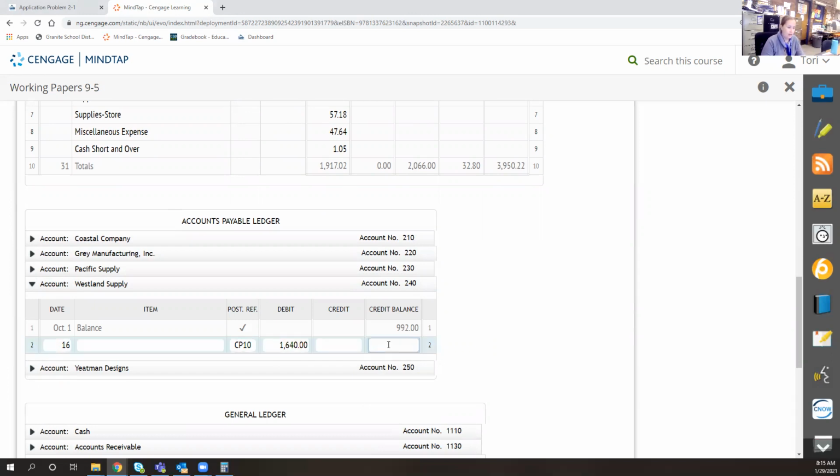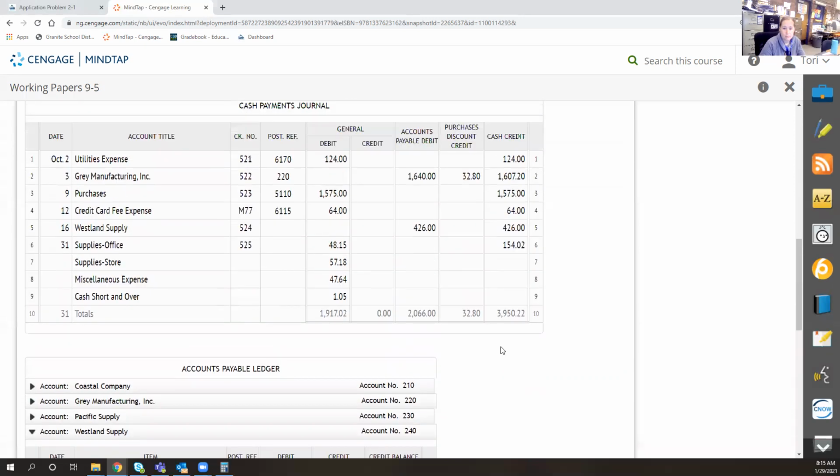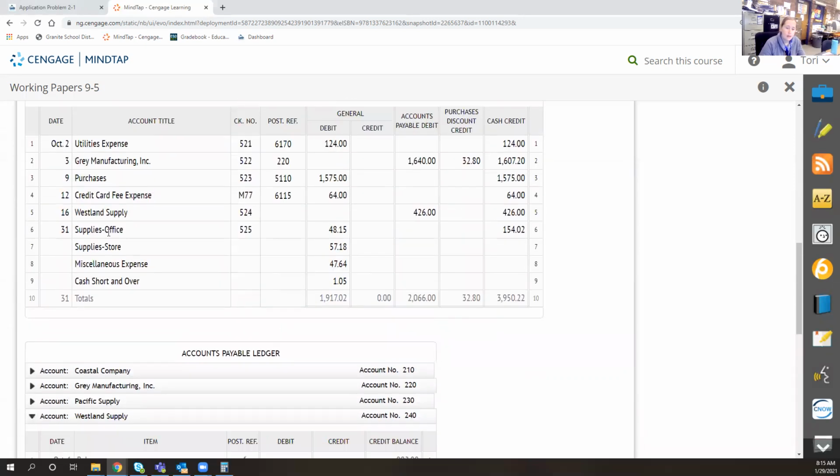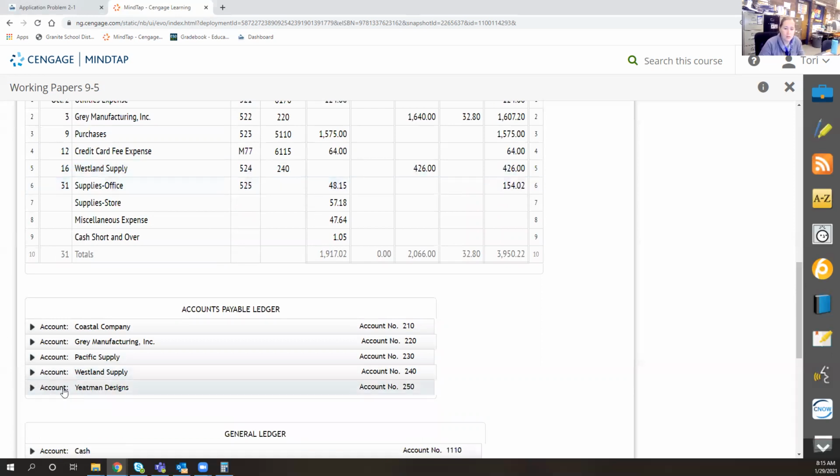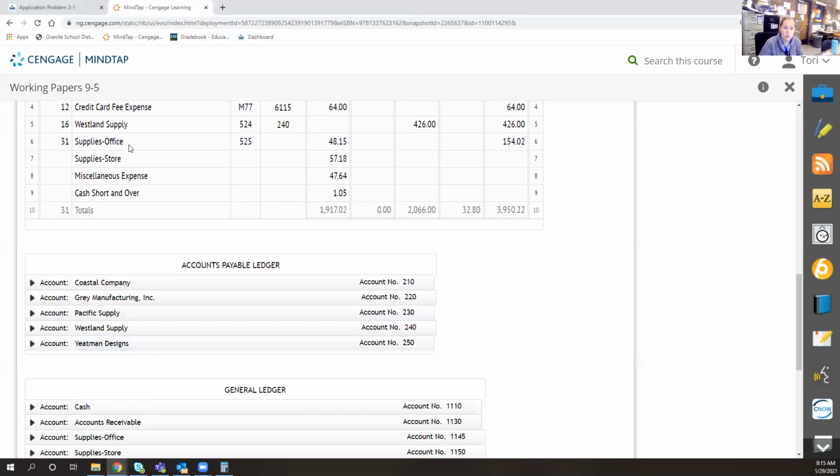And we're not going to add because it's a credit and a debit, so then it's a zero out. Okay, then we need to make sure we post reference back up, 240.